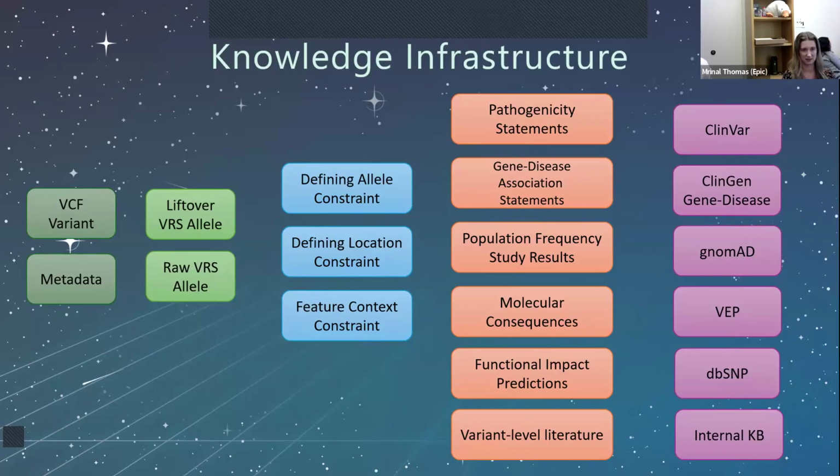That's something that is EPIC developed, but it mimics a lot of the internal knowledge bases that our customers will have for their previously interpreted variants in their lab, and we're also using GKS standards there. So that makes matching to VCF variants much easier, as well as potentially submitting to ClinVar down the line or anything where we would be exporting this data.